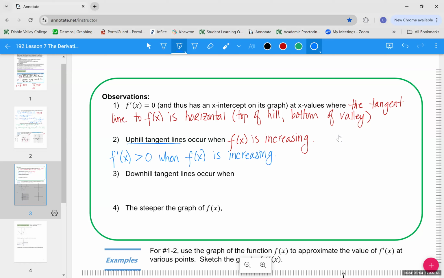Okay. And we're just going to flip-flop that for downhill tangent lines. Downhill tangent lines occurred when f of x is decreasing. Lines that go downhill have what kind of slopes? Negative slopes. So the derivative will be negative when the function itself is decreasing.